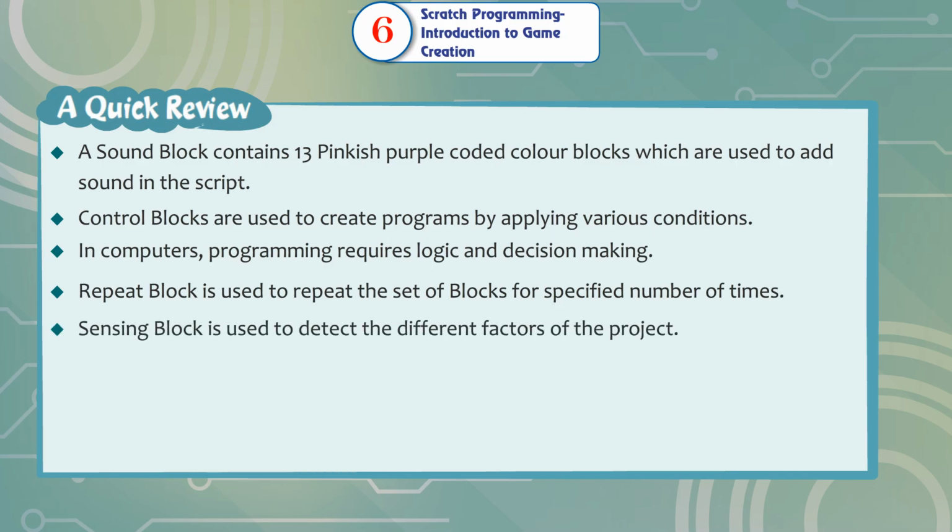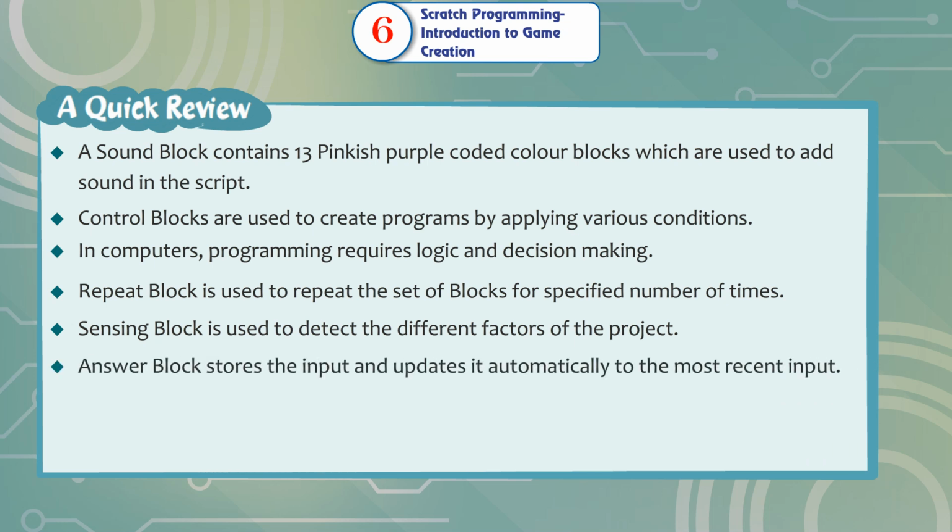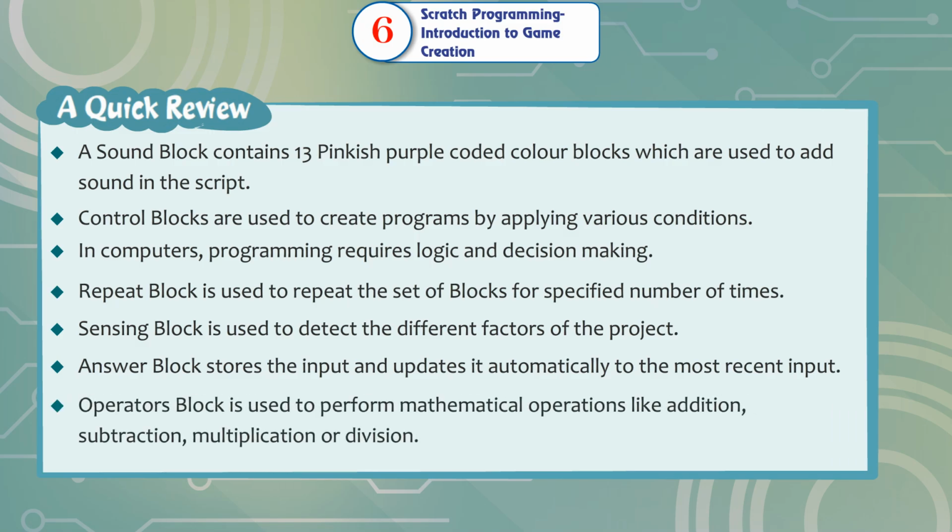The Sensing block is used to detect different factors of the project. The answer block stores the input and updates it automatically to the most recent input. The Operators block is used to perform mathematical operations like addition, subtraction, multiplication, or division.